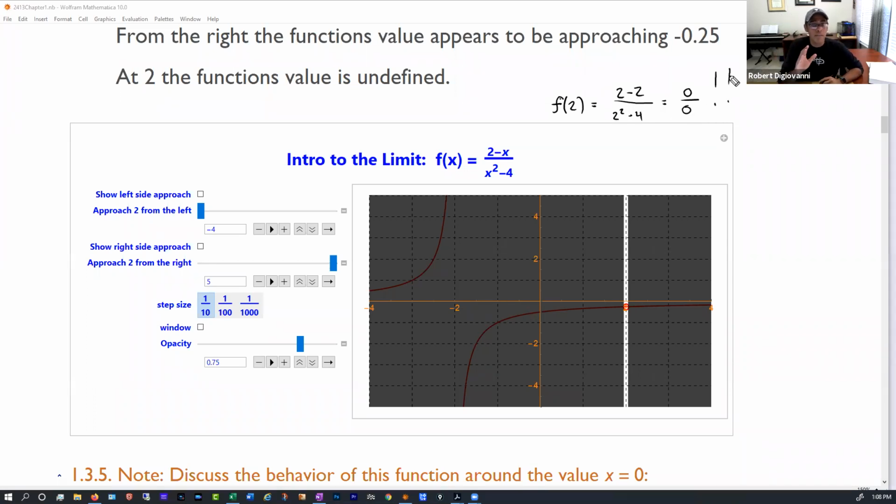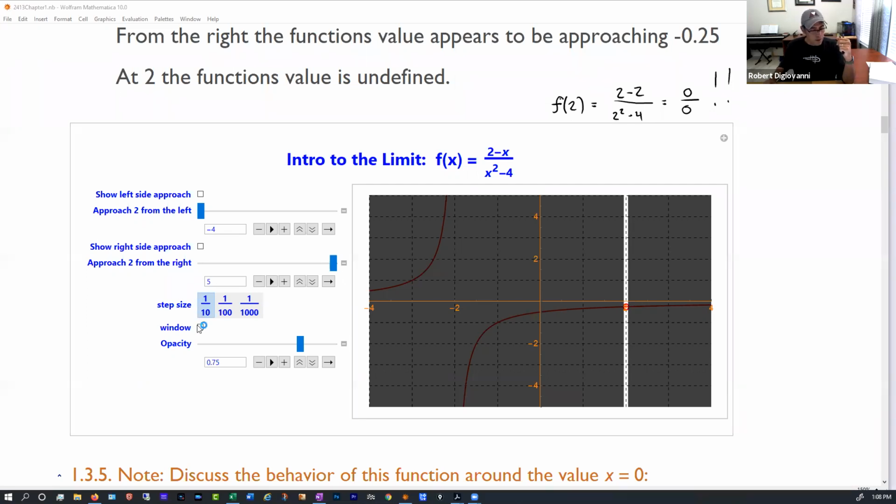That's a problem, right? Can't do it. That would mean that at 2, the function is undefined. It's impossible to plug 2 in. 2 is not in the domain of the function. So when we look at what's happening at 2, there's nothing. There's no solid dots at 2.